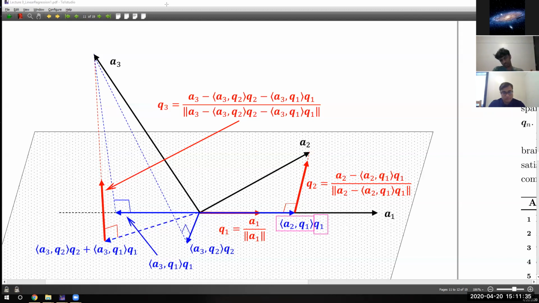Get the point? This is something similar to a triangle. Let me do it step by step. Suppose you only have this line first, and here I have a direction. And suppose you have some light here.